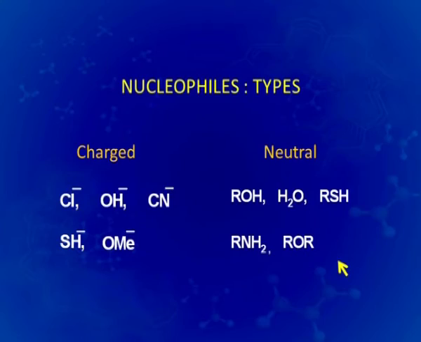act as nucleophiles. So, the other types of reagents we come across in organic chemistry are called electrophiles. Electrophiles, as the name suggests, are electron loving.